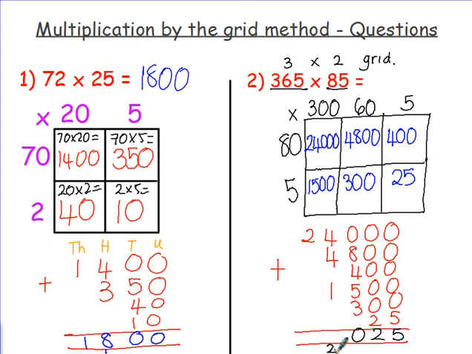So I've got 4, 8, 9, 10, 11. I've got 11,000, so I carry that into my 10,000 and put that there. So I'm at 11,000, and then I've got 3 there. So my answer is 31025. To help us read this, it's 31,025.